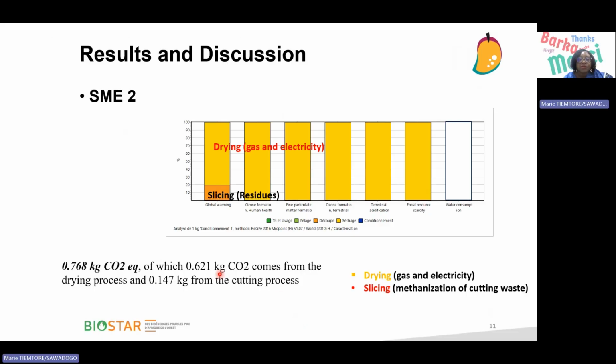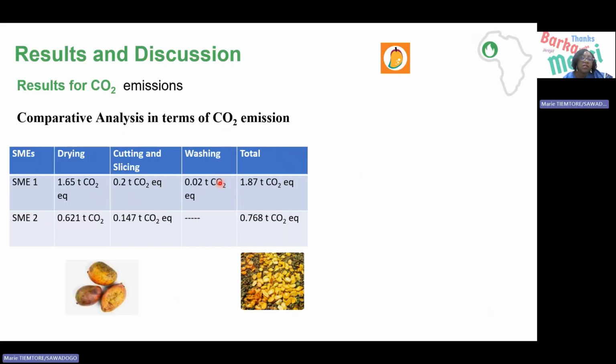For the second SME, we have the same trend. We saw that the drying step is also the main contributing part, and the slicing, due to the methanization of the residues, has an impact that is not negligible. When focusing on the CO2 emissions, we can compare these two SMEs.